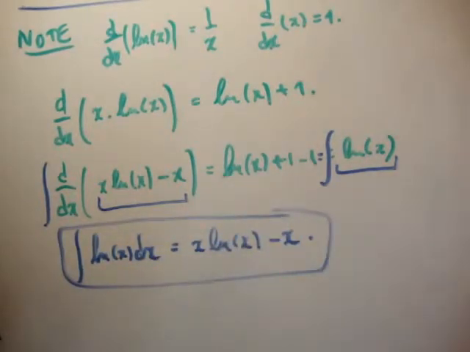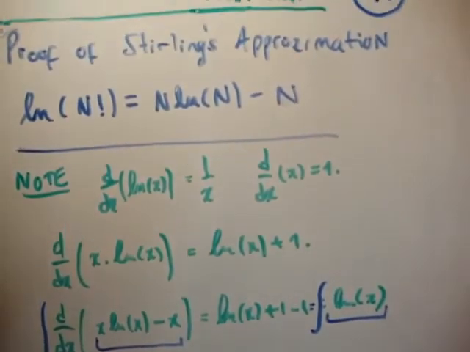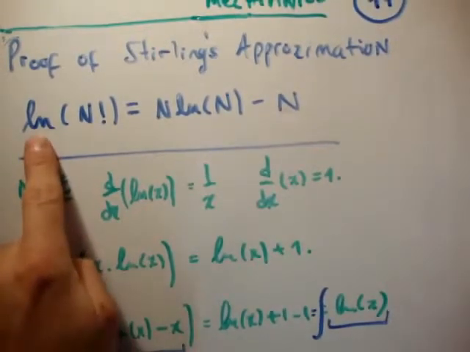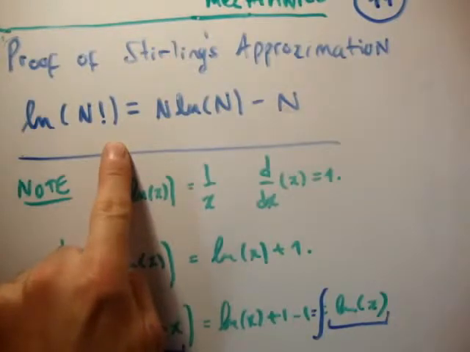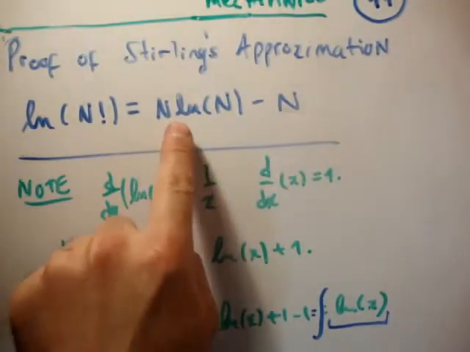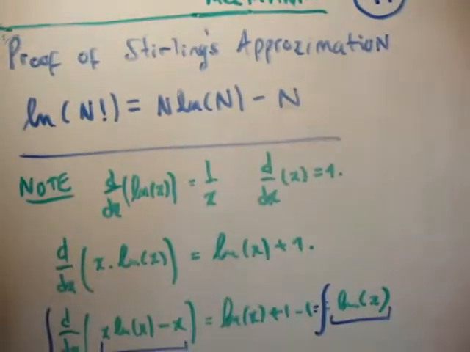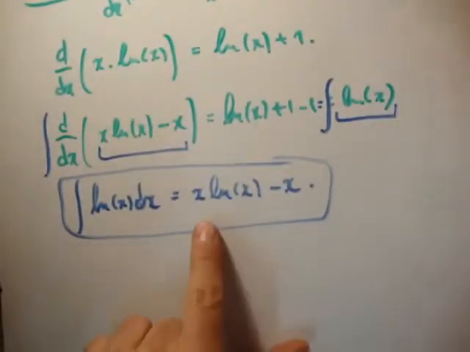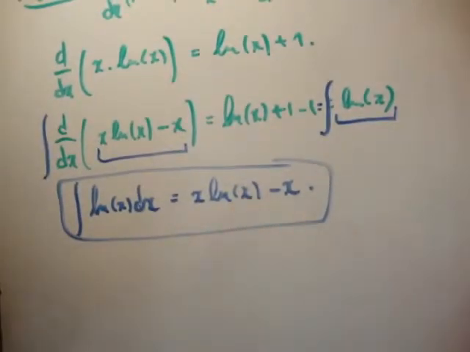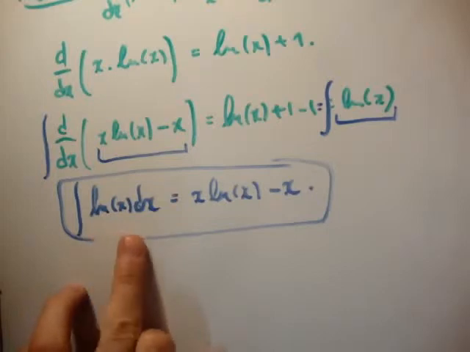Alright? Now, compare that to what we have up here. We're saying that the natural logarithm of x factorial is equal to x natural logarithm of x minus x. Here we have x natural logarithm of x minus x is equal to some form of an integral.